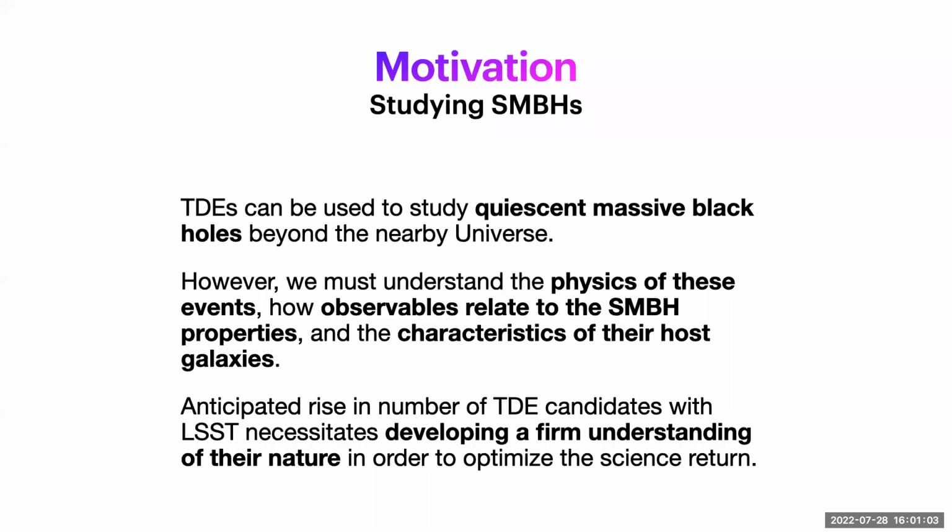There are accretion mechanisms and underlying physics which we don't fully understand. So studying them in detail is going to help us reach that point. And a corollary to this is understanding its relation to its black hole and the black hole properties, as well as the host galaxy in which it finds itself, right?